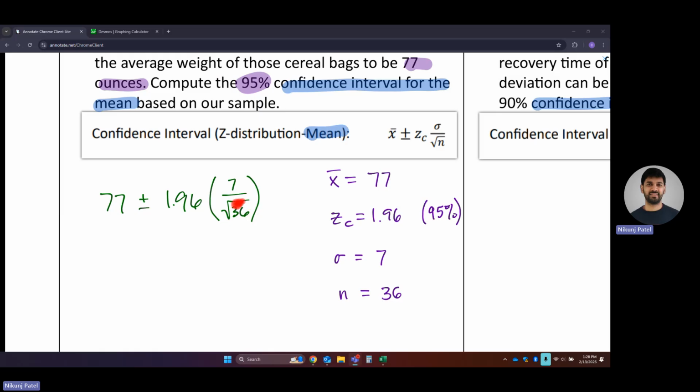So in this one, only the square root goes over the 36. The 7 is just on top of this fraction, and that fraction gets multiplied by the 1.96, which then gets added or subtracted from the 77.